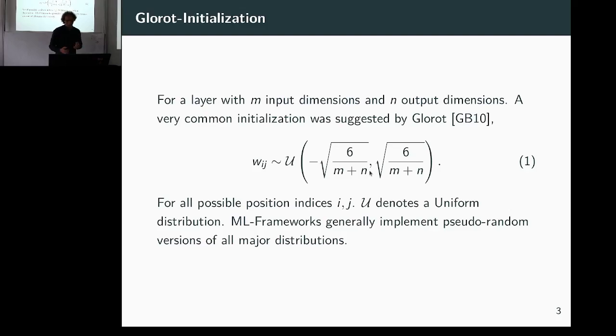And the same goes here for the upper bound. And precisely because we do not yet fully understand the mathematics of deep learning, the authors empirically verified this. And it's worked well ever since, and it's typically an option in most machine learning frameworks. So that's why we are talking about it here.